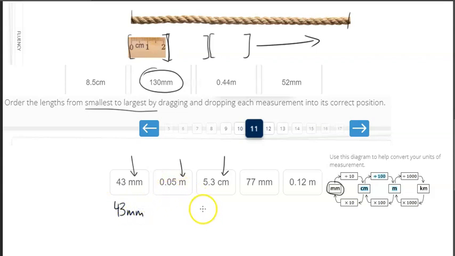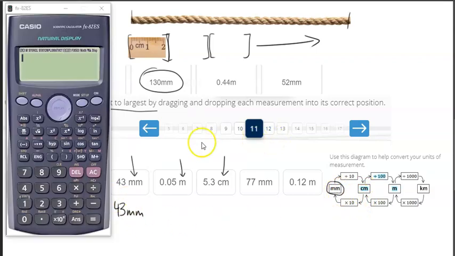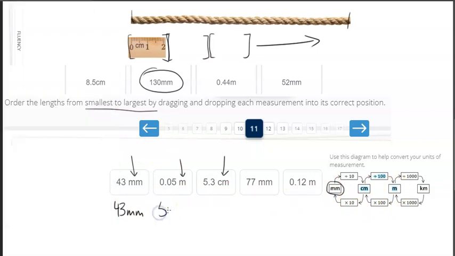The 0.05 meters, to get from meters to millimeters, I have to times by 100 to get it to centimeters, and then I have to times it by 10 again to get it into millimeters. So I will get my trusty calculator out. I will put in 0.05 times 100, and then again times 10, and this will give us 50. So 0.05 meters is the same as 50 millimeters.